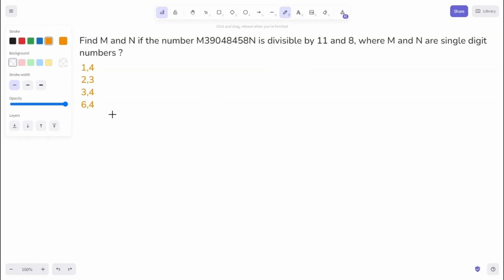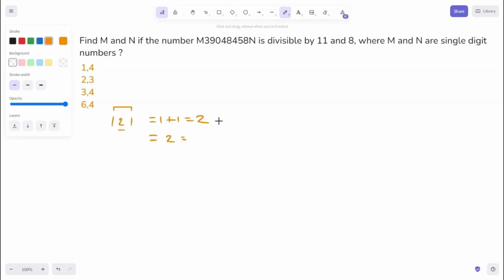Firstly, I will tell you the divisibility rule of 11. Let's suppose this is 1 2 1, and I want to check whether this number is divisible by 11 or not. It is very simple. We collect all odd positioned numbers. So the odd position numbers are 1 and 1, and we make the sum, which is 2. We also take the even position number, and there is a single even position in this number, which is 2.